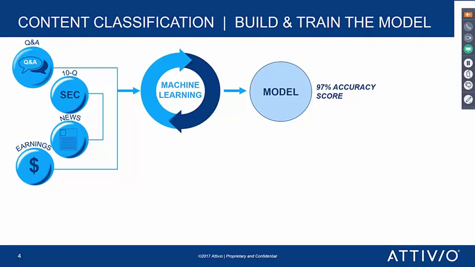And I pointed out the high level accuracy score. We also report accuracy scores on a per label basis, so you'll know if you're lacking good sample data in any one of these categories, for example, or any multiple categories potentially.